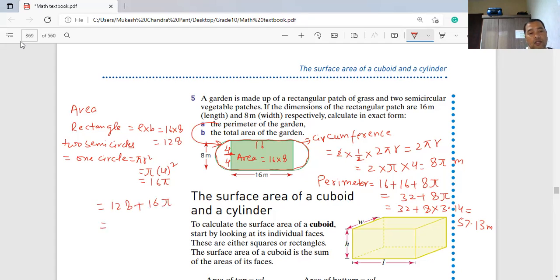If you wish, you can put in the value of pi, so this will be around 178.27 meters square. This will be its area. Correct?